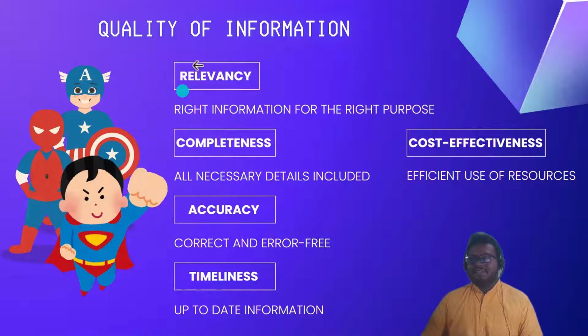First one is, children, relevancy. What is relevancy power? Imagine you are trying out for the school basketball team, children. Then what is the useful information in that case? How tall you are. That matters, right? How tall you are is useful information. Then what is another thing?